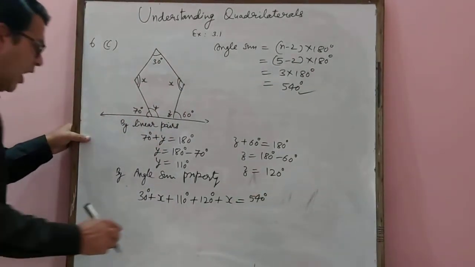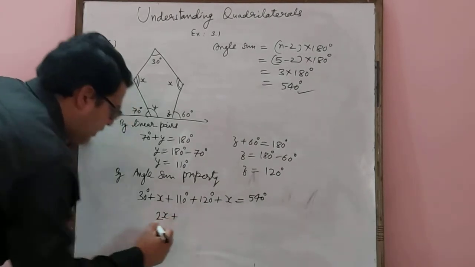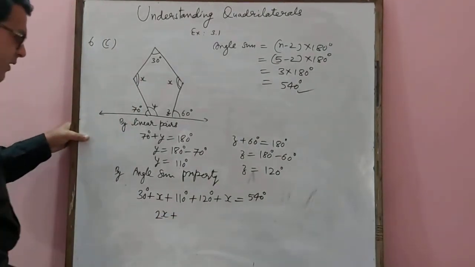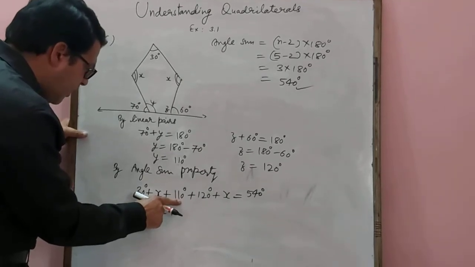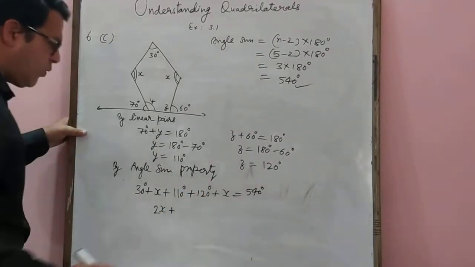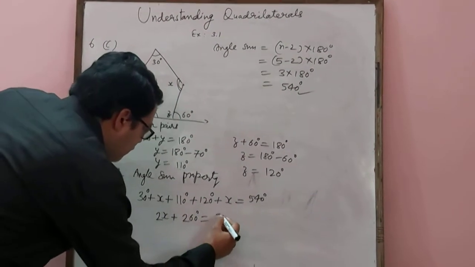Now this x and this x will make 2x, and 30 plus 110 is 140, and 140 plus 120 is 260, equals 540.